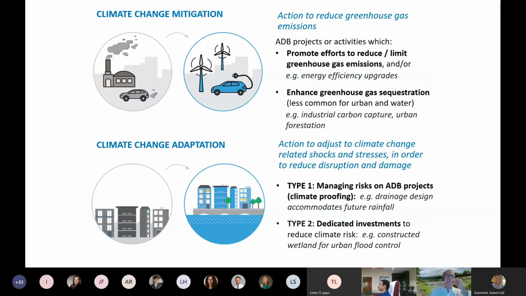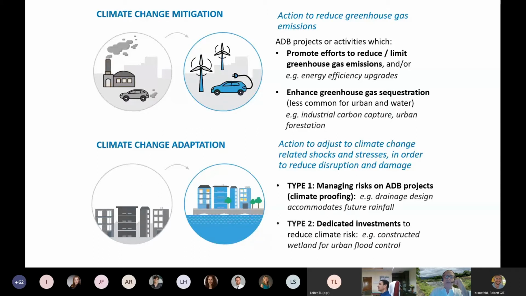So we're tasked with saying what is our climate finance, what is mitigation, what is adaptation, in terms of the accounting as well as an indicator, and again, the indicator is what drives the accounting.